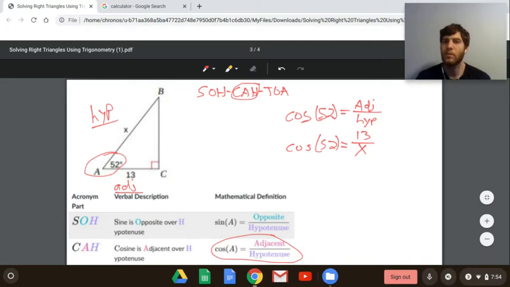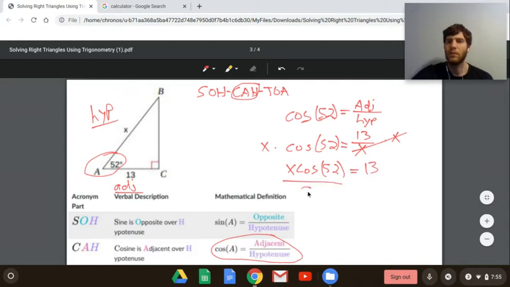And then we want to solve for x. So again, we got to get x by itself. So the first thing we have to do is get it out of the denominator. So we multiply both sides by x. We get x times cosine 52 equals 13. And then we can divide both sides by the cosine of 52.